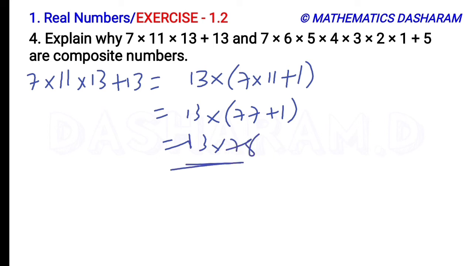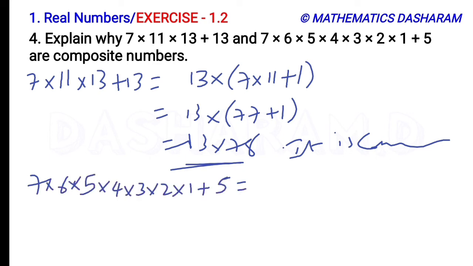Now, what happened? The given number is expressed as a product of other two numbers, so definitely it is a composite number.